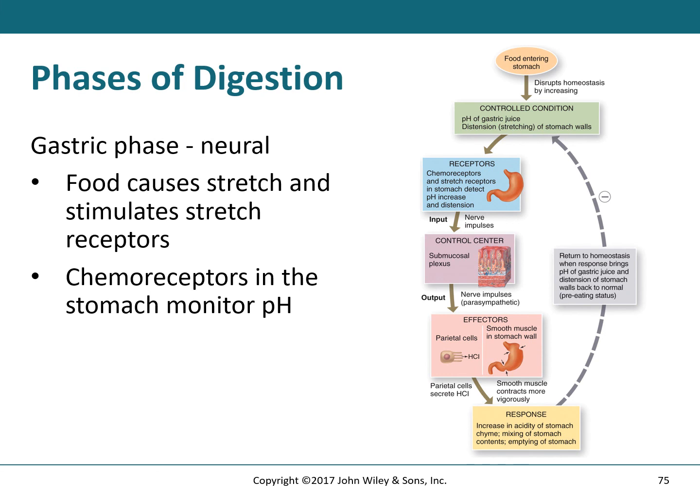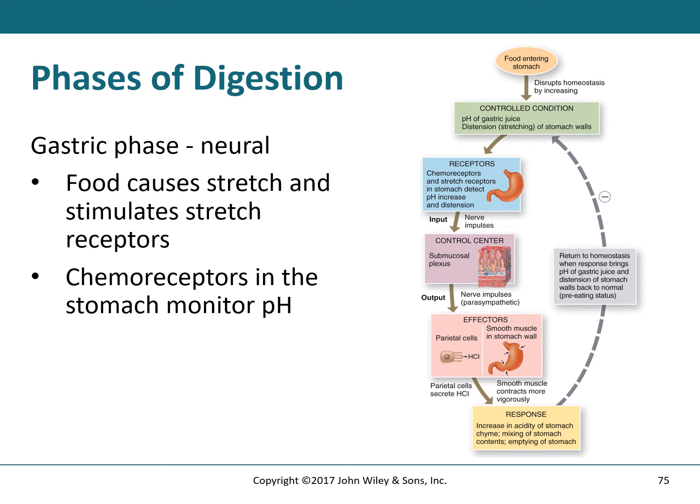The gastric phase has both neural and hormonal regulation. So basically what happens is food causes stretch in the stomach, and this stimulates stretch receptors, and also chemoreceptors in the stomach are going to monitor pH. So let's look at this diagram to the right.